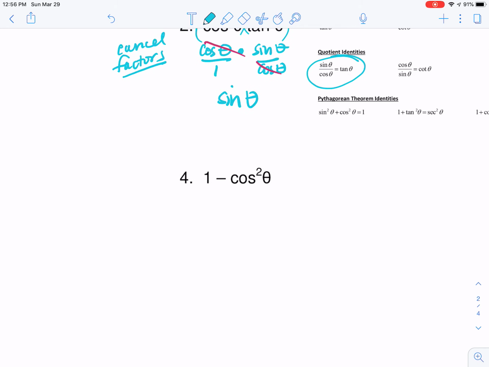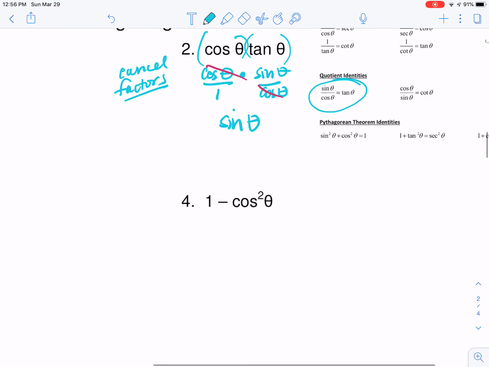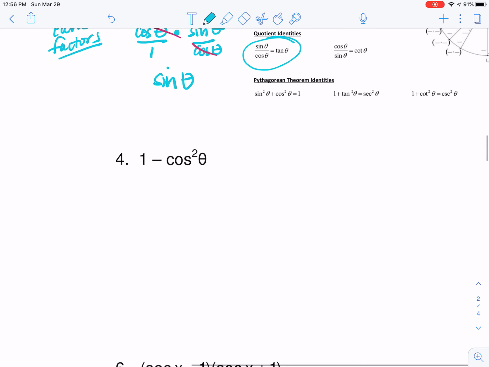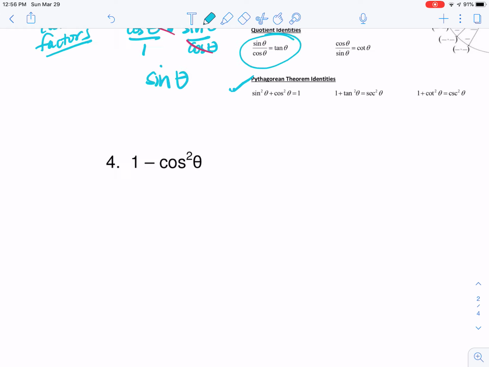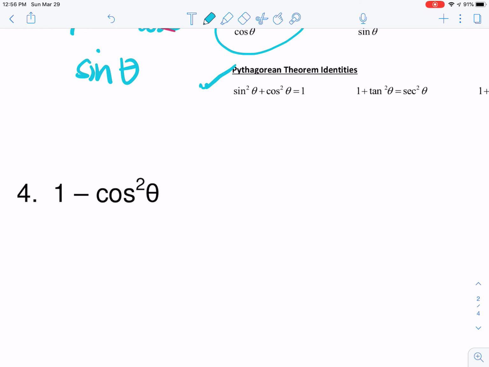Okay, next one, I see squareds. It told me in the notes up above that if you see squareds, think of the Pythagoreans. So I've got them right here, okay? Well, it doesn't match exactly. This says sine squared plus cosine squared is 1. But what if I were to manipulate this? What if I were to subtract cosine squared from both sides of the equal sign?